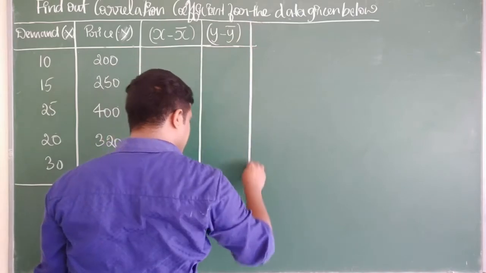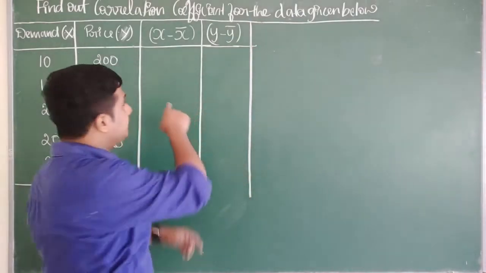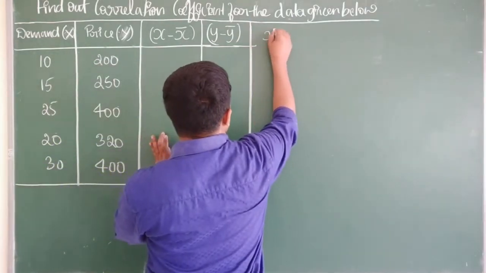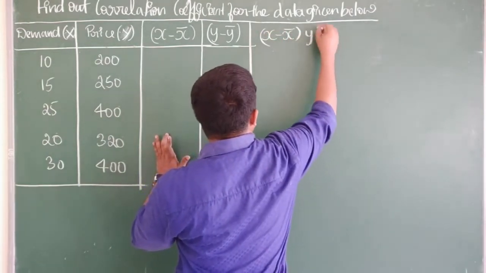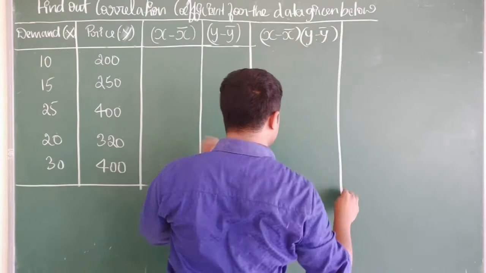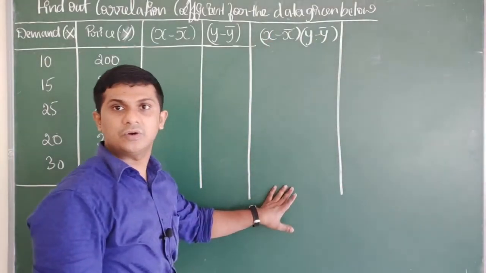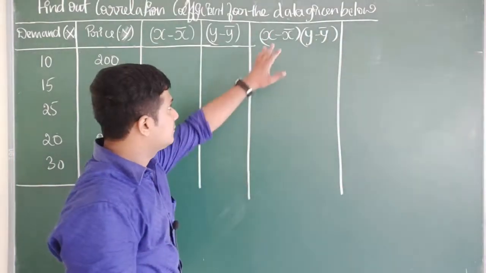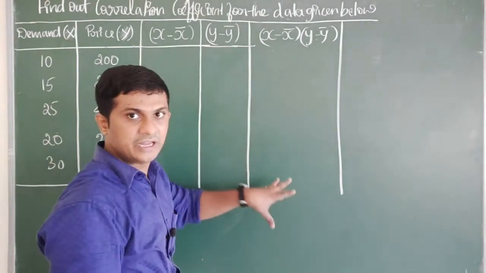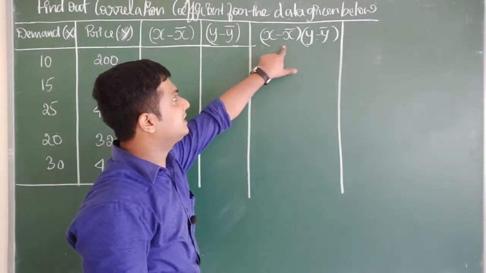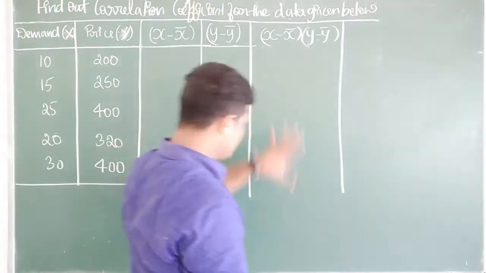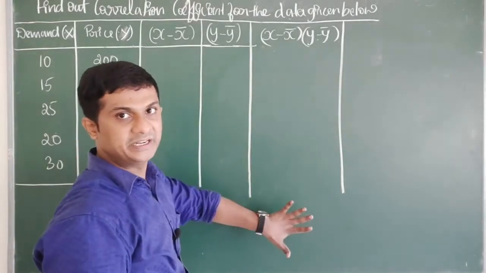After that we multiply these two values to get (x minus x bar) into (y minus y bar). We calculate individual values, then sum them up, which will be sigma (x minus x bar)(y minus y bar). So this will be our numerator.